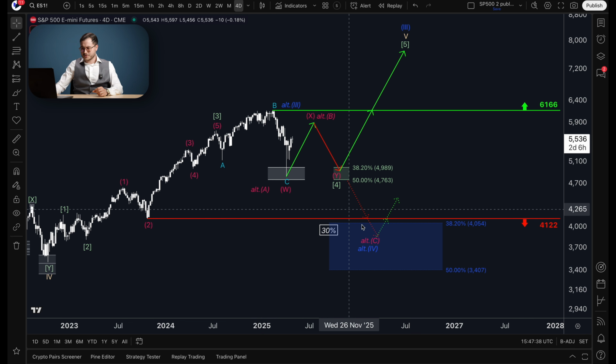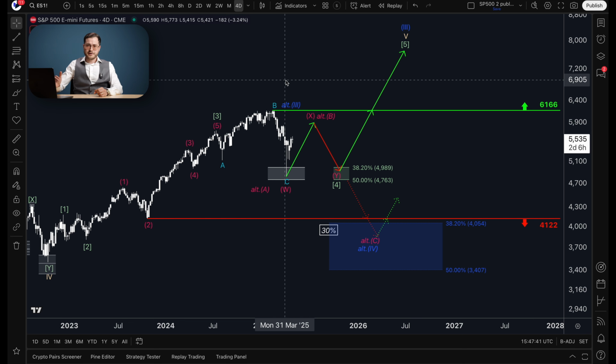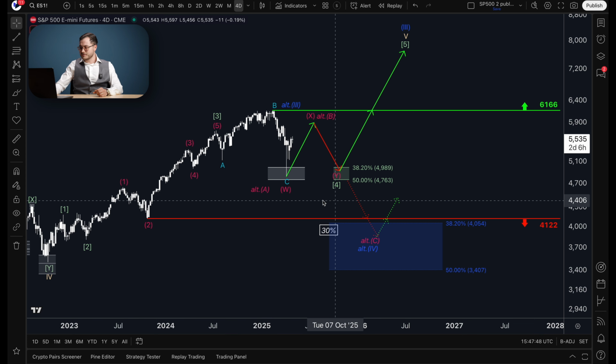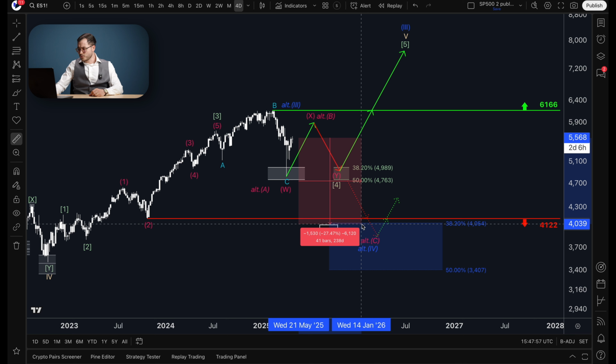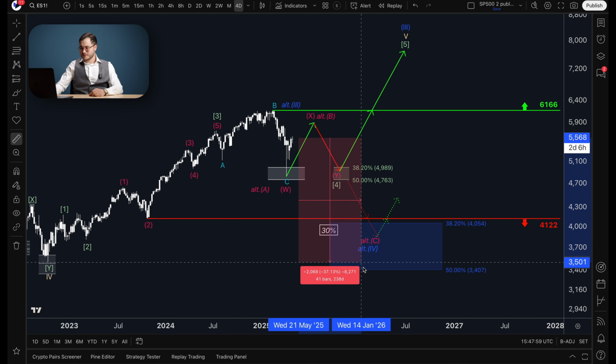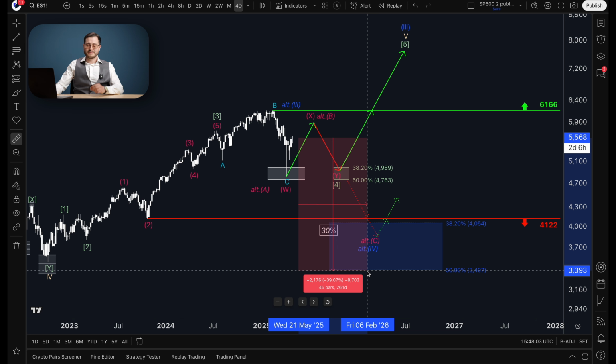In our alternative scenario, we conclude that the wave 3 high could already be in over here, and we would already, without new highs in the meantime, see this huge corrective wave 4 move unfold, taking us from current levels all the way down at least another 25%, potentially even roughly 40% down. But remember, that's only our alternative scenario.